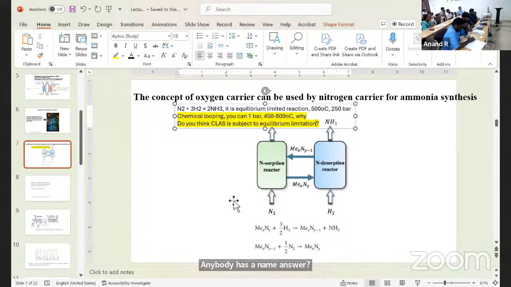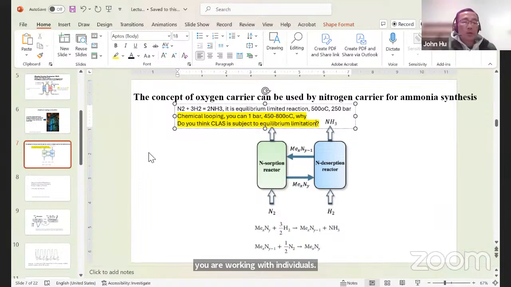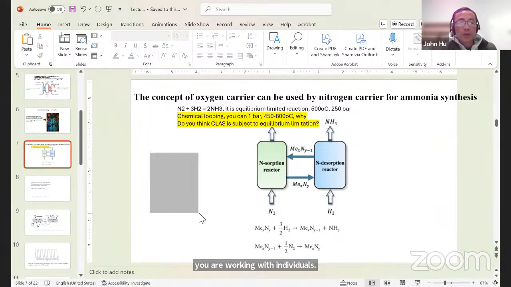Chemical looping ammonia synthesis. So this equilibrium talks about, you are talking about chemical equilibrium. Could you repeat what you say? Are you asking my question or you are answering my question?